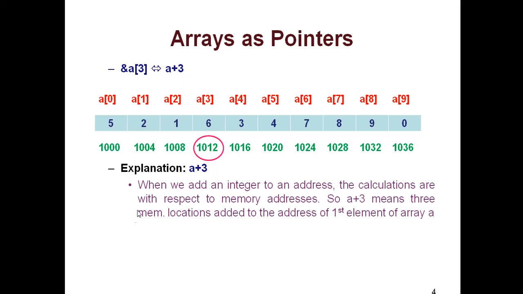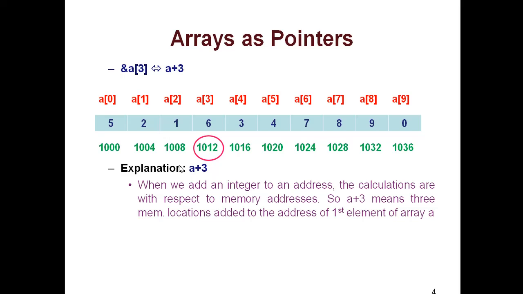So this calculation depends on the type of a. Now what is a? When I write a, it means nothing but the address of the first memory location of the array, that is address of a of 0. And what is the type of that? It is an integer's address. So what does a plus 3 mean? A plus 3 means you are adding 3 more locations to that integer's address.